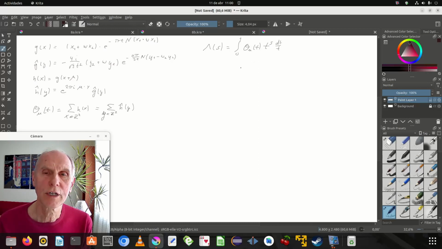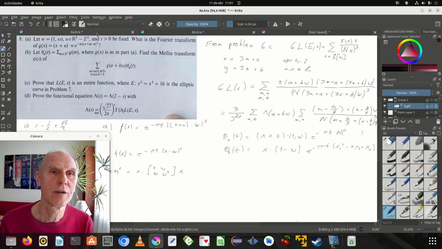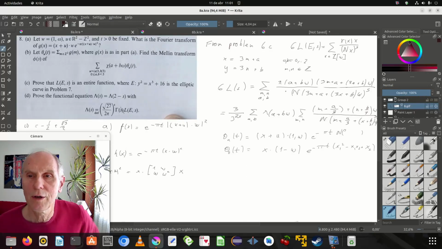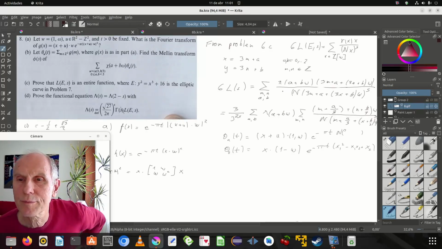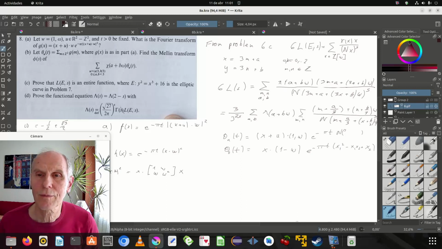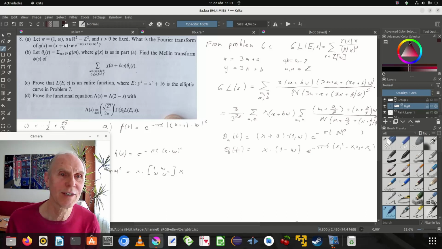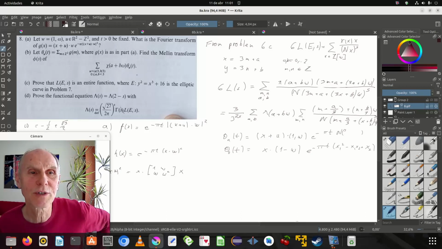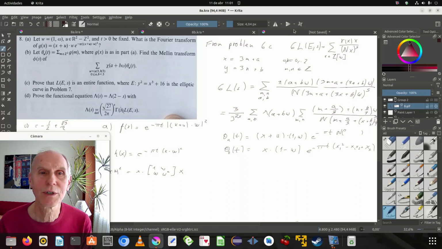Now that was silly. We need to sum. Yeah, they first define this. So we take the Mellin transform of this guy, of course.